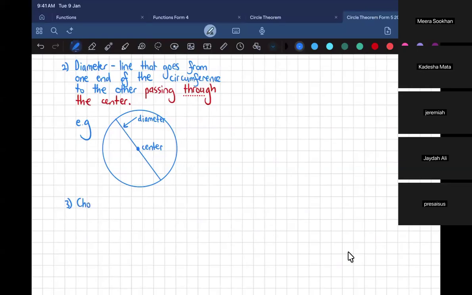So a chord is a line that goes from one end.